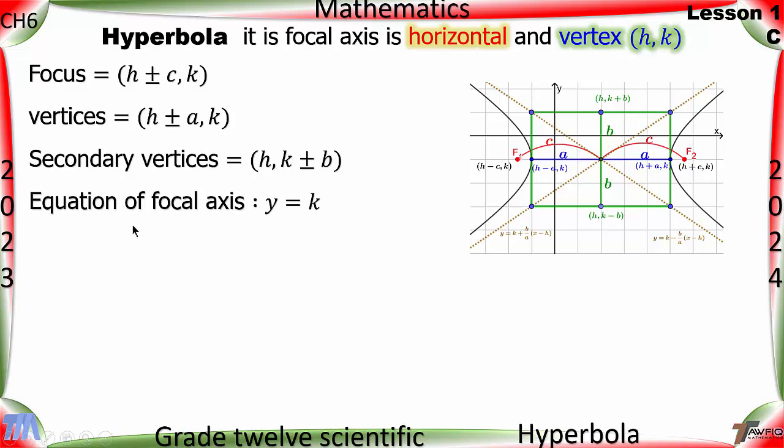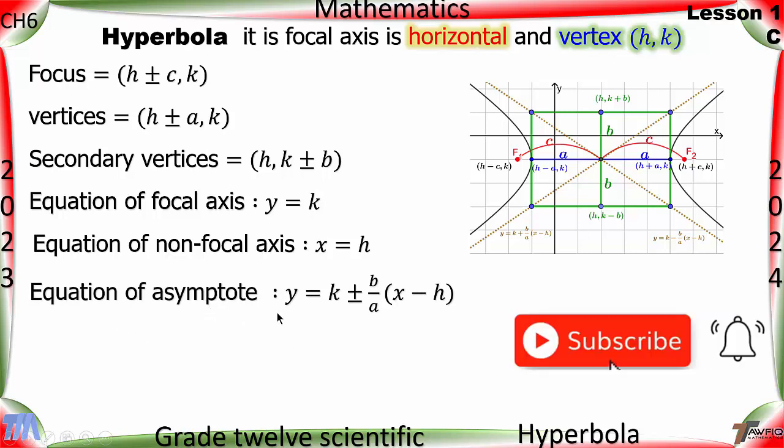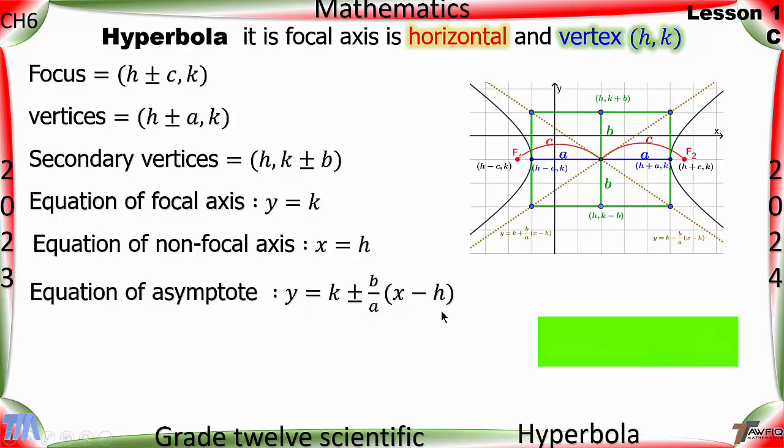And the equation of the focal axis is y = k, and the equation of the non-focal axis is x = h. And the equation of the asymptotes is y = k ± (b/a)(x - h).